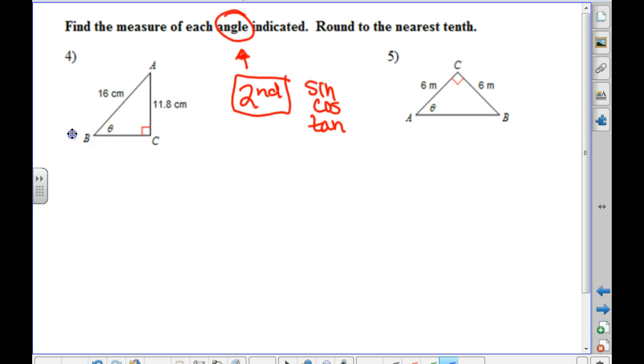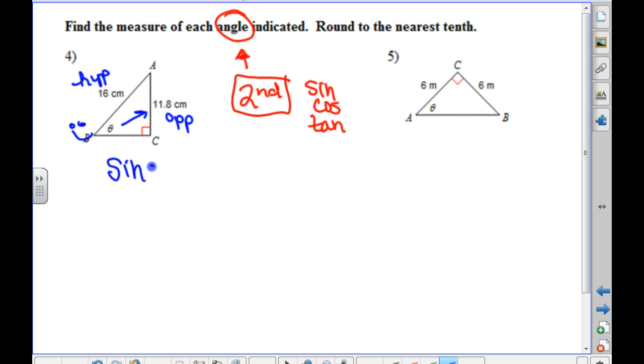All right, so if I'm standing at angle B on this one, what's the 16 called? Anybody? The hypotenuse, and the 11.8 would be opposite from the theta. The theta is what this is called, or you can just say I'm finding angle B, I don't care.